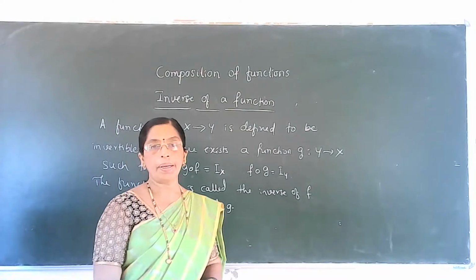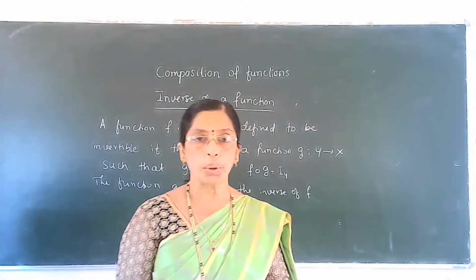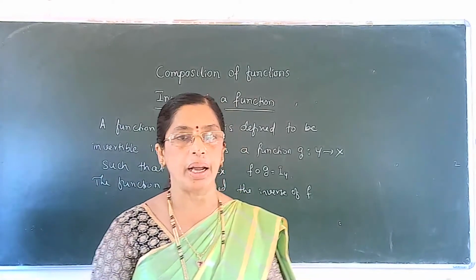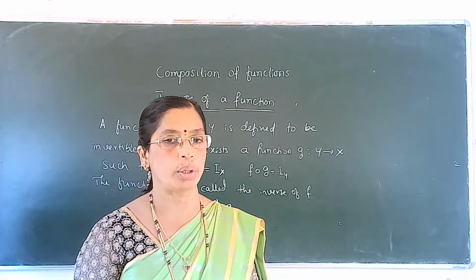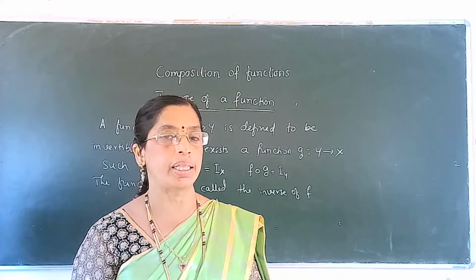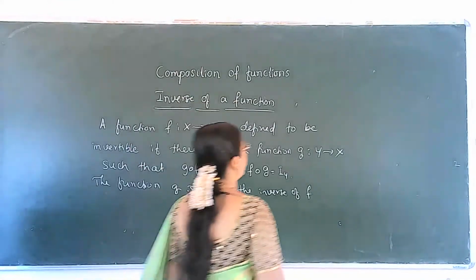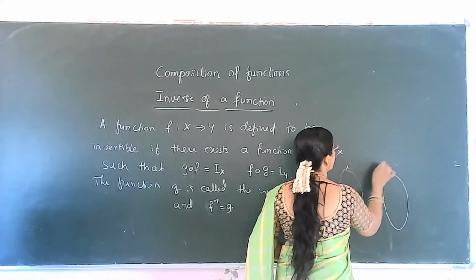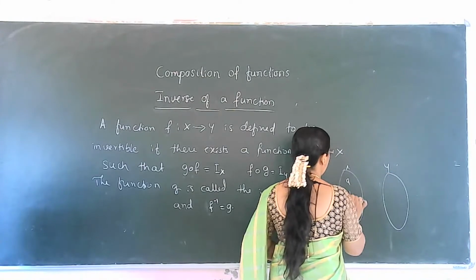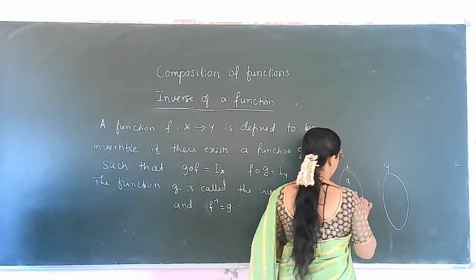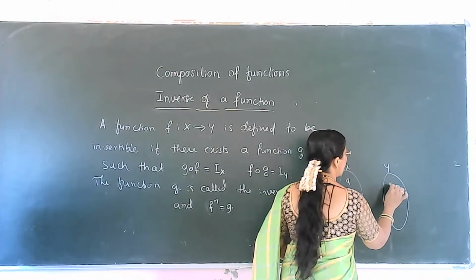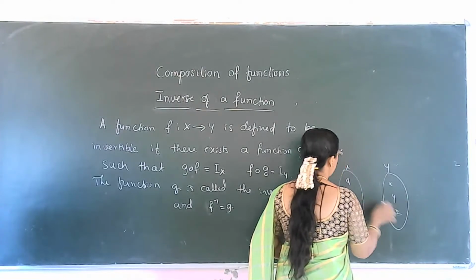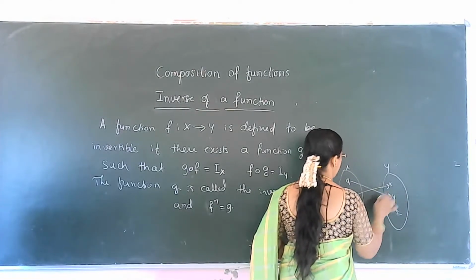If the function f is invertible, f should be a one-one function and onto function also. Then only the function is invertible. Here a, b, c are the elements of the domain, and here also x, y, z.